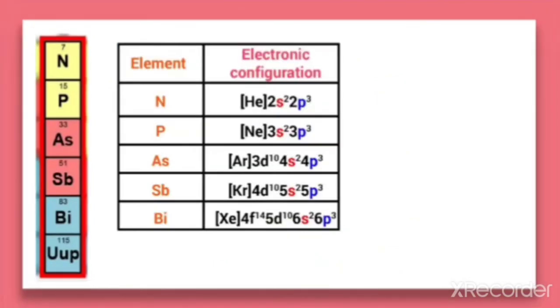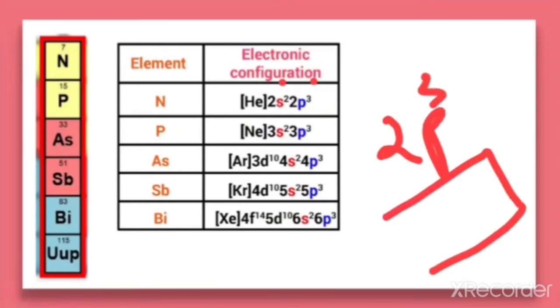When we look at the electronic configuration for these elements, we can see that the electrons in the 2s and 2p, when we compare, there is a fully filled s orbital and a half filled p orbital. Why is it half filled? 2p3. That means it is half filled.